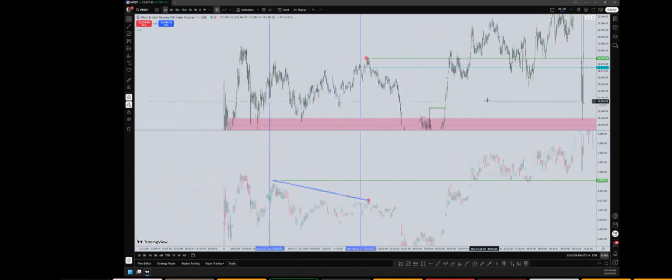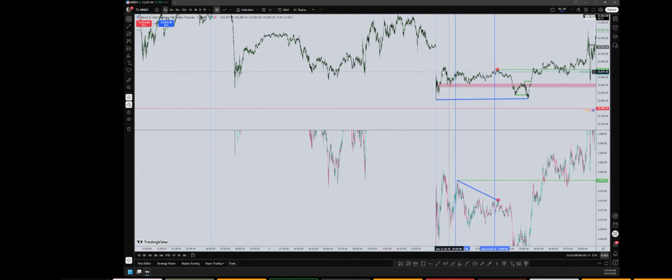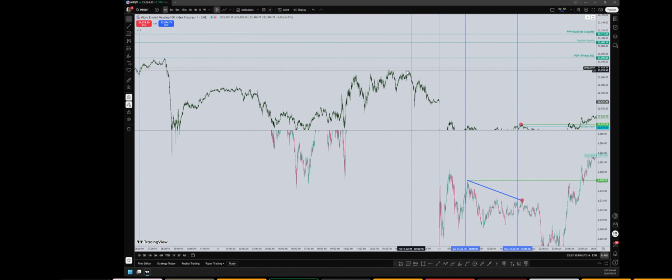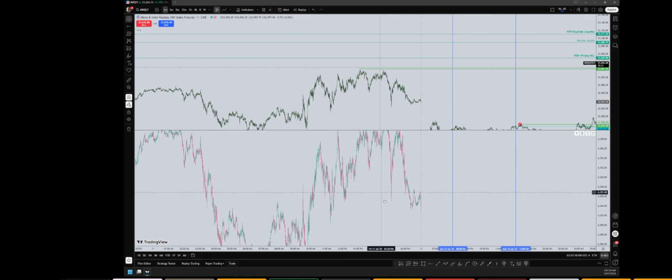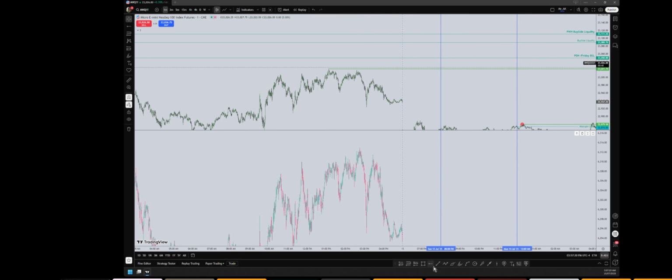Now, when this was happening on the left, this is the initial liquidity we had, this level. That same liquidity is here. This high is the highest high.